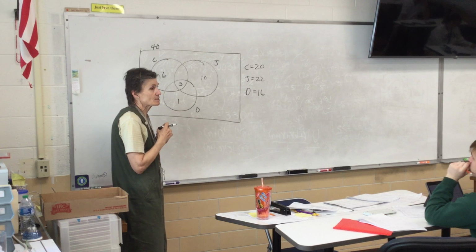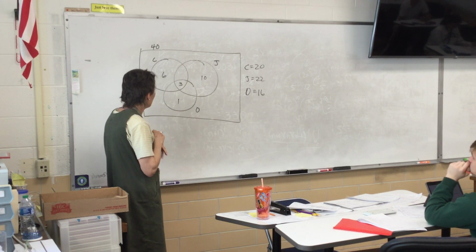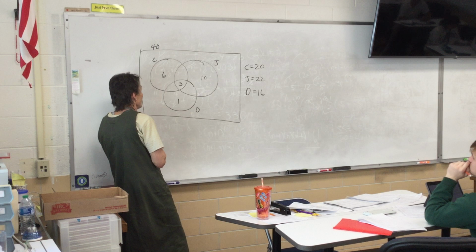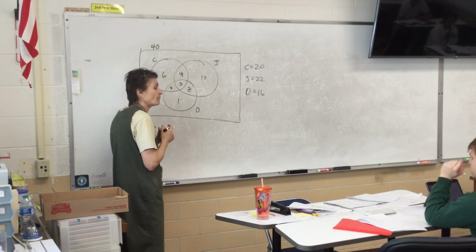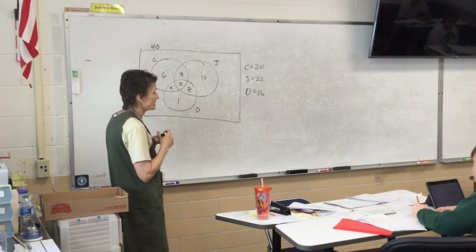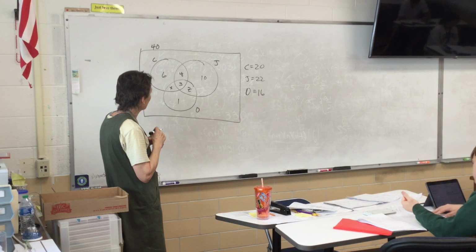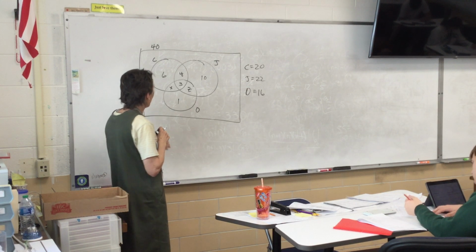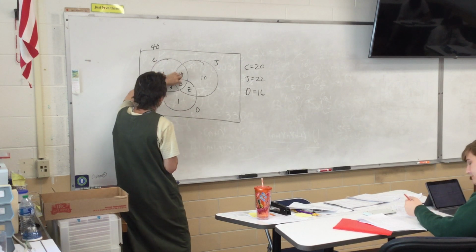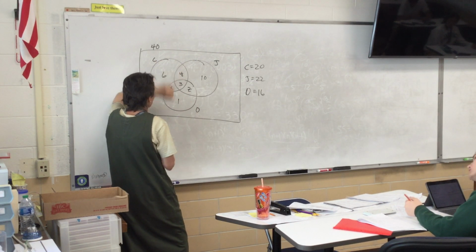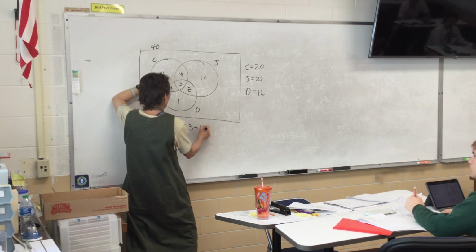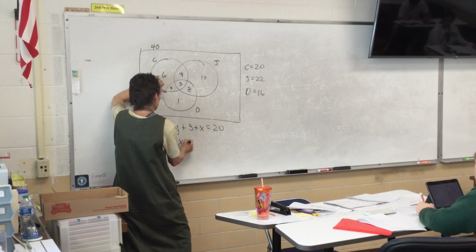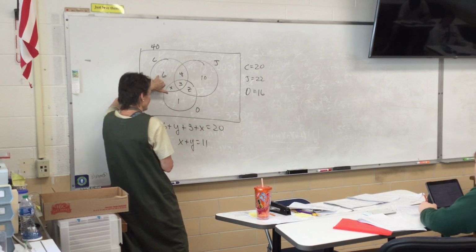Well, we've got some empty spaces, don't we? We don't know how many people are in those empty spaces. There are other ways to do it, but I think it's straightforward to figure out what those spaces are. We'll assign them variable names, X, Y, and Z. All four numbers in this circle have to add up to 20. So 6 plus Y plus 3 plus X has to add up to 20, so X plus Y has to add up to 11.